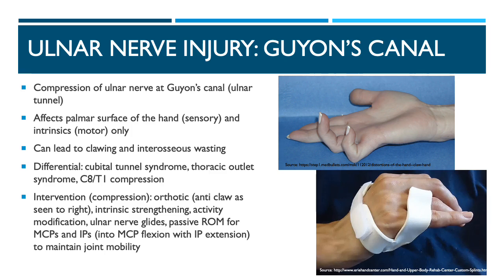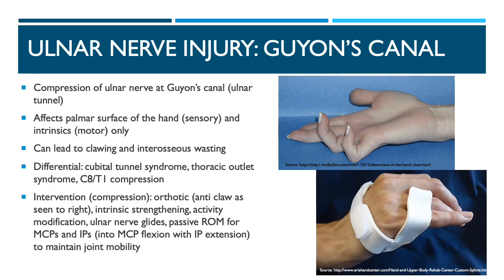Now they start pulling down, and again, there's no intrinsics to counteract that IP flexion. So then you end up with MCP hyperextension and PIP and DIP flexion. The treatment of this condition depends a lot on the extent of the damage.